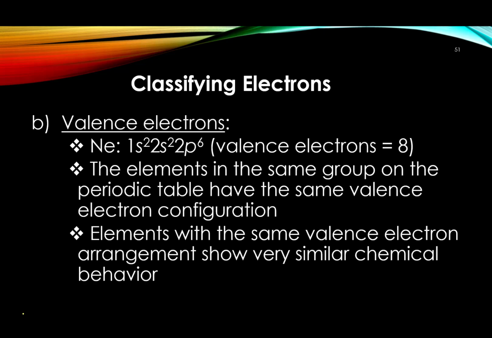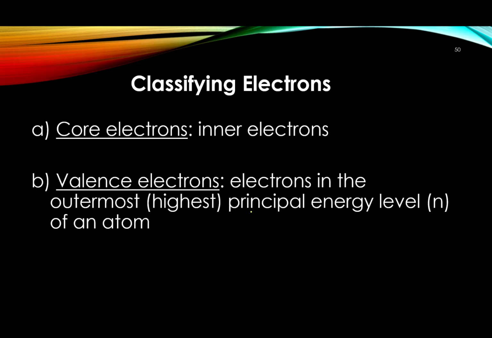Now, what do I mean by it? This will be the electronic configuration for neon. Now, why does neon have 8 valence electrons? By definition, valence electrons are those electrons at the highest principal energy level.